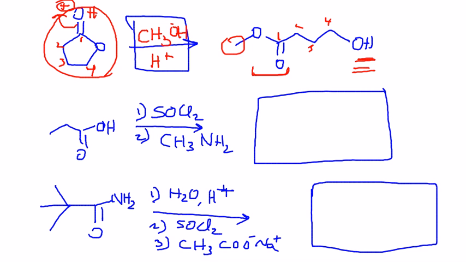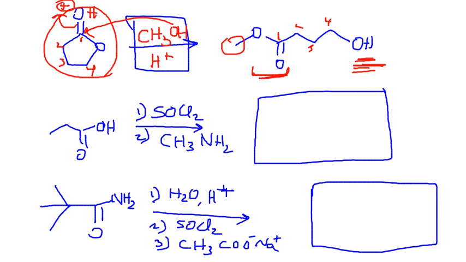Electrons are going to move and methanol is going to then attack. And then when the electrons come back, essentially the ring will open and you're going to end up with the open form where you have the methyl ester on one side and the OH free alcohol on the other side.